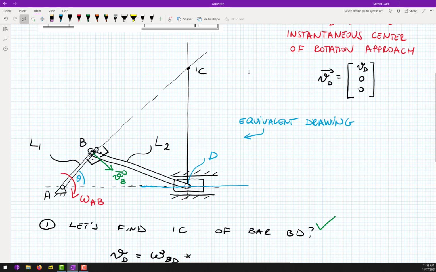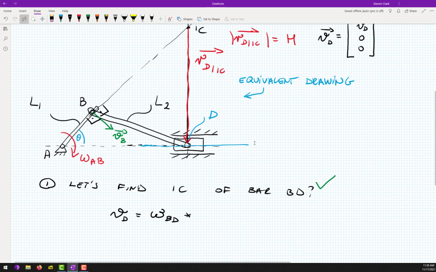Let's call it H. Actually, let's draw this vector first and introduce some vectors. That vector will be R D with respect to IC, and let's say that the magnitude of R D IC is equal to H. Can we do that? So this is true.